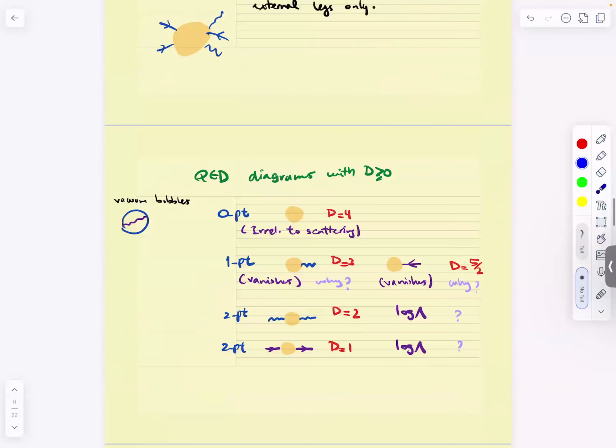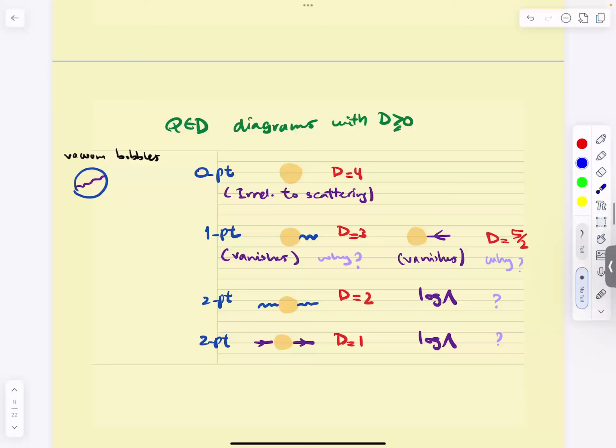All right. So now that we know this about QED, let's organize the QED diagrams with positive superficial degree of divergence, because those are the ones that at least superficially seem to diverge. All we care about for now is to classify which are the divergent ones and see if we can figure out how to deal with them.